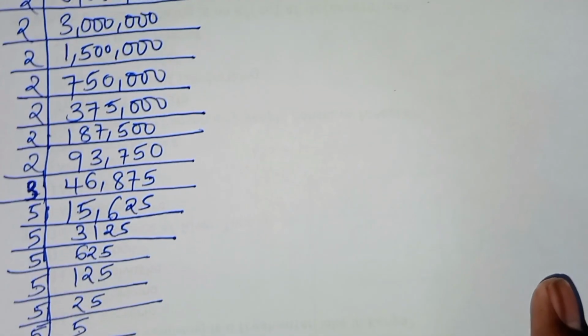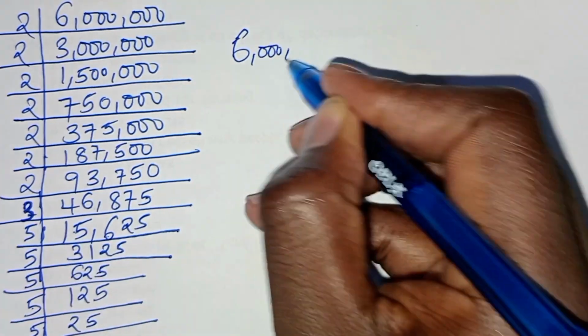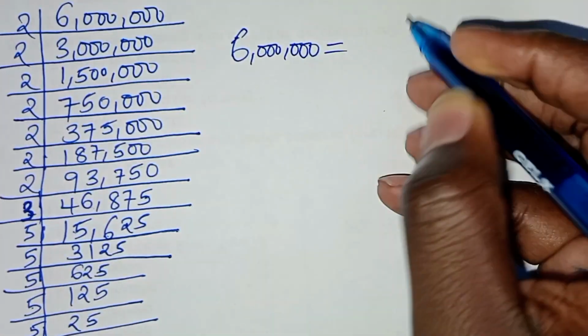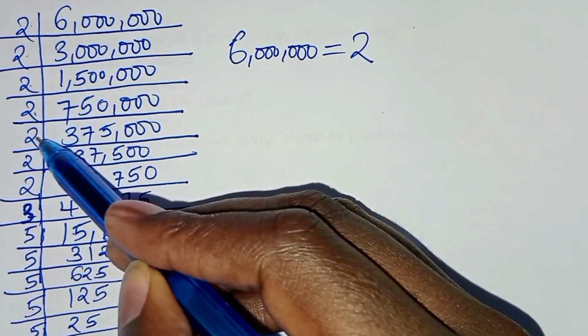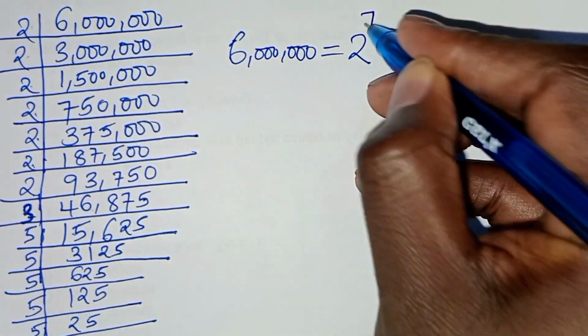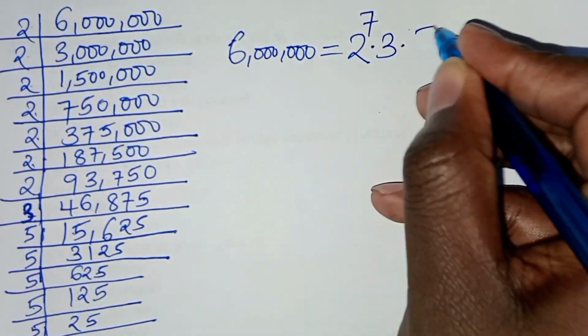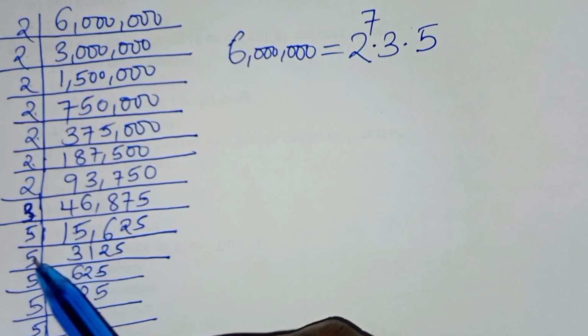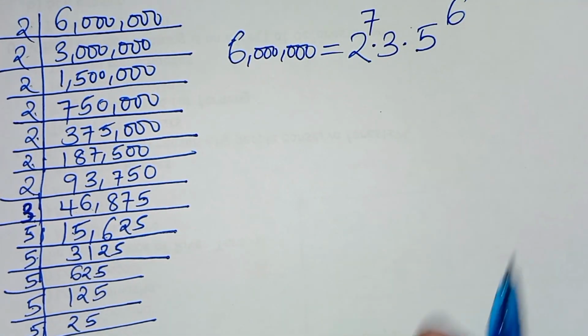Now that means that 6 million can be expressed as 2 to power 7, multiplying by 3, multiplying by 5 to power 6.